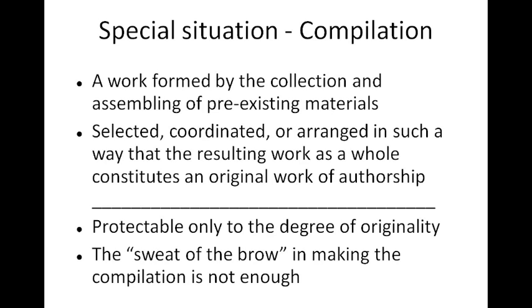This is interesting because when you have copyright in a compilation, it's protectable only to the degree of originality that's expressed there. There's an old copyright doctrine called the sweat of the brow, which rewarded people for their efforts in preparing the compilation, and that's no longer enough.